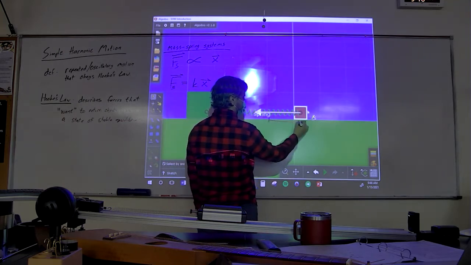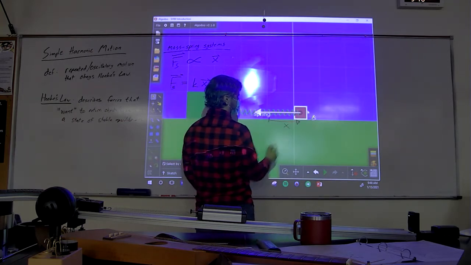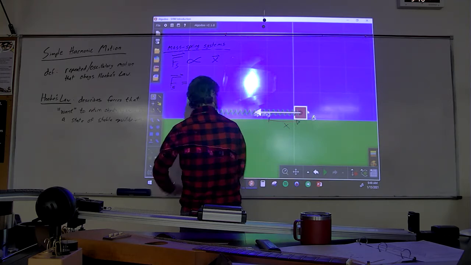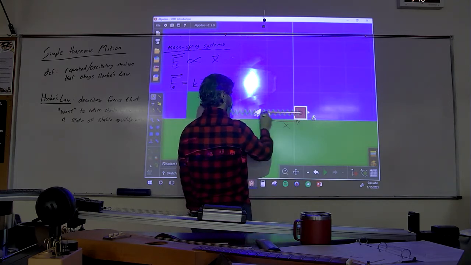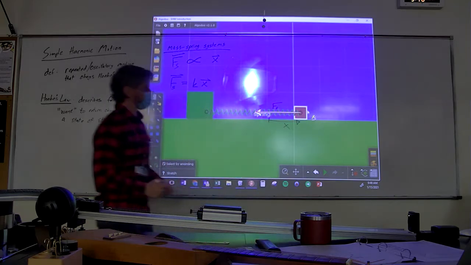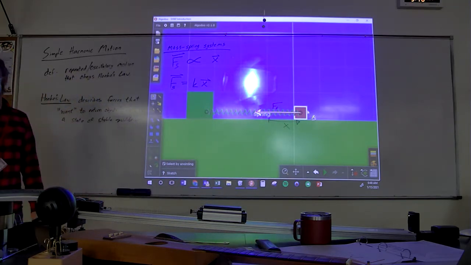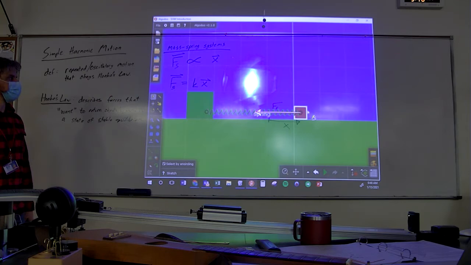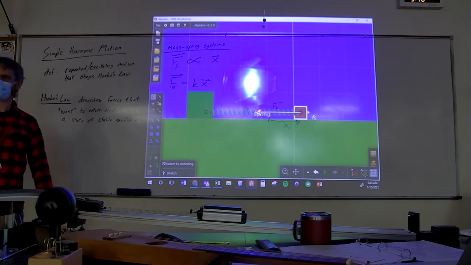So I have a displacement this way, and I have a force this way. Now we're talking vectors here, so we're being very specific. Here I have a positive displacement in the positive direction. What can I say about the force? The force is in the negative direction.